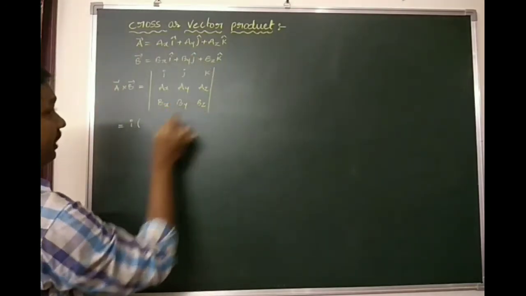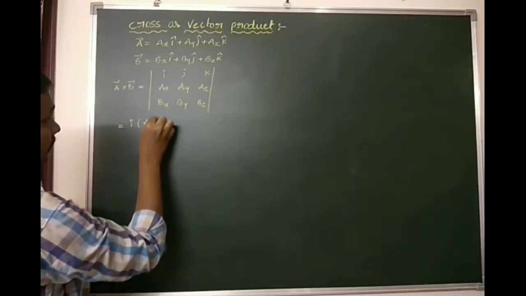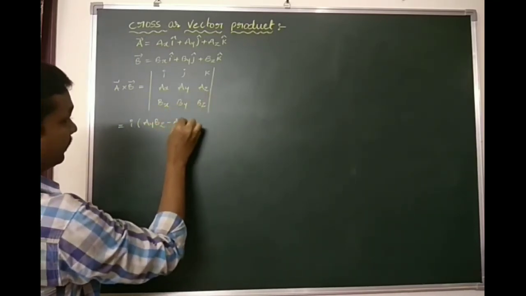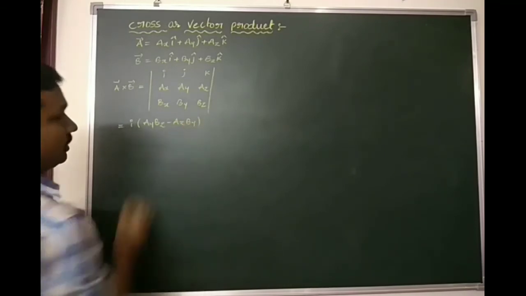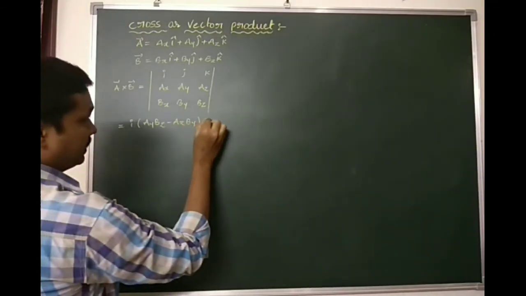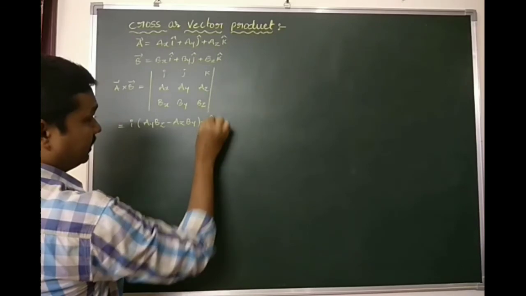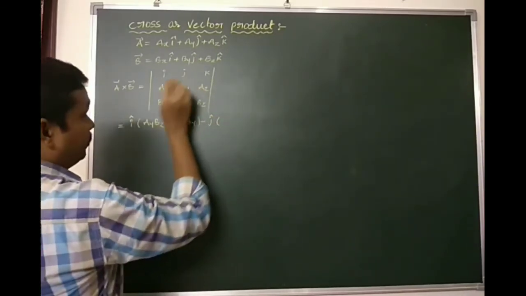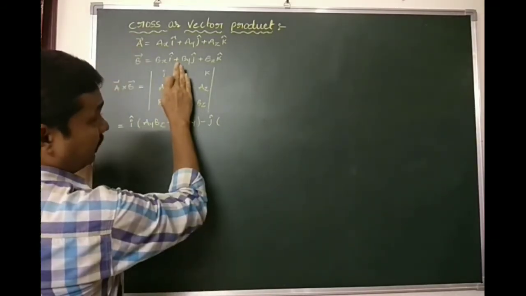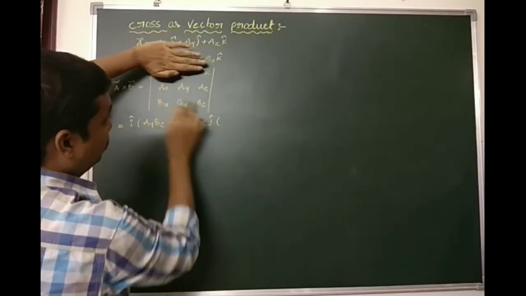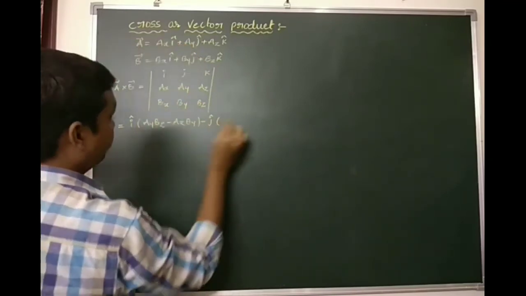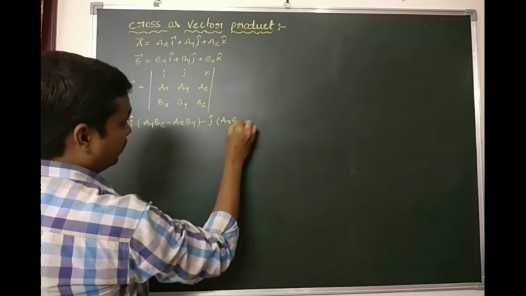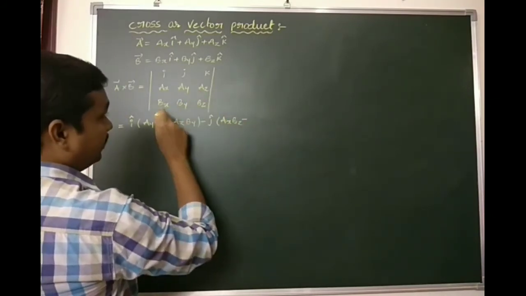According to cross product, first we get i term: close the row and column, and do the determinant, AD minus BC. So Ay Bz minus Az By, this is the first term. Minus second, we get the negative sign for j, again closing vertical and horizontal: Ax Bz minus Az Bx.